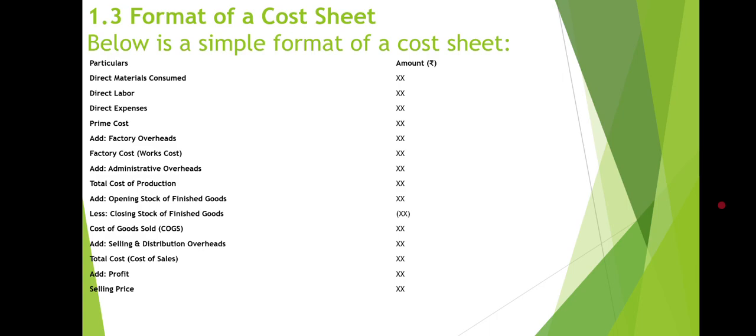Okay, direct labor, direct expenses, prime cost, factory overhead, factory cost, and administrative overhead, where the total cost of production, opening stock of finished goods and closing stock of finished goods, cost of goods sold, and selling and distribution overhead, total cost, and profit and selling price. So this is the format of cost sheet.